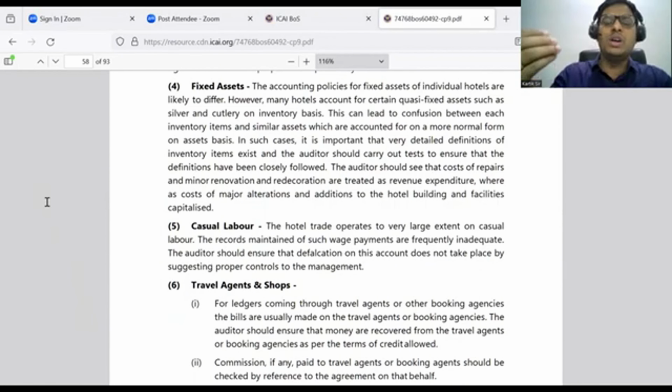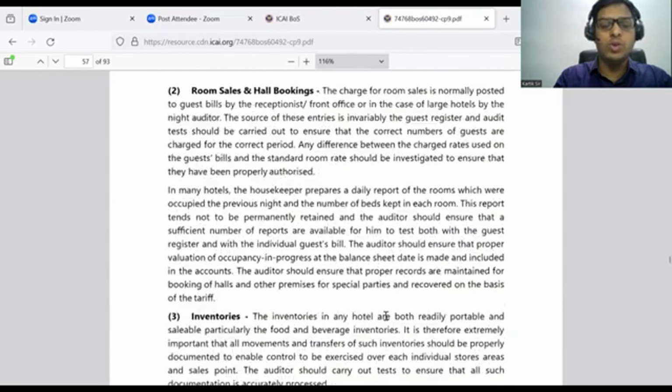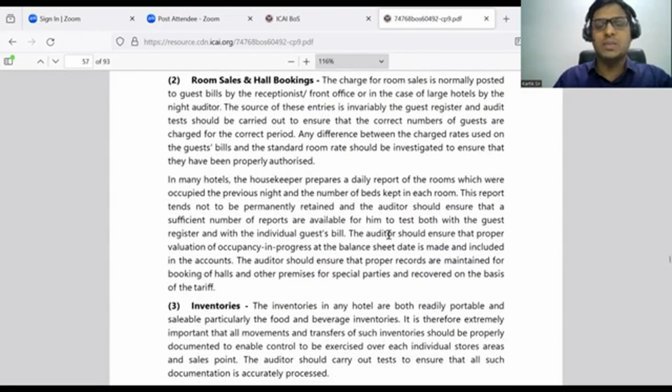And after that you see that the pillars in the hotel have plaster peeling off. So you think in your mind maybe the hotel requires some minor renovation and redecoration. Okay? Again, that point you will be able to find. Okay, that covers this part in relation to the fixed asset. Then you go and inquire about the room sales. So that was the precursor. Fixed asset is the precursor, and this is the main point regarding the room sales and hall bookings.